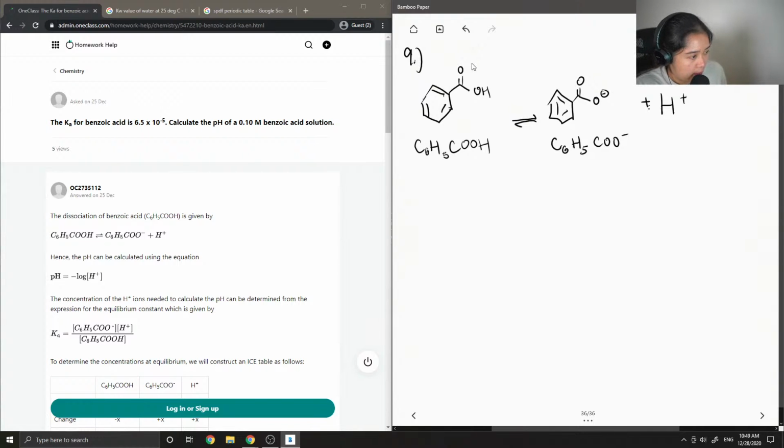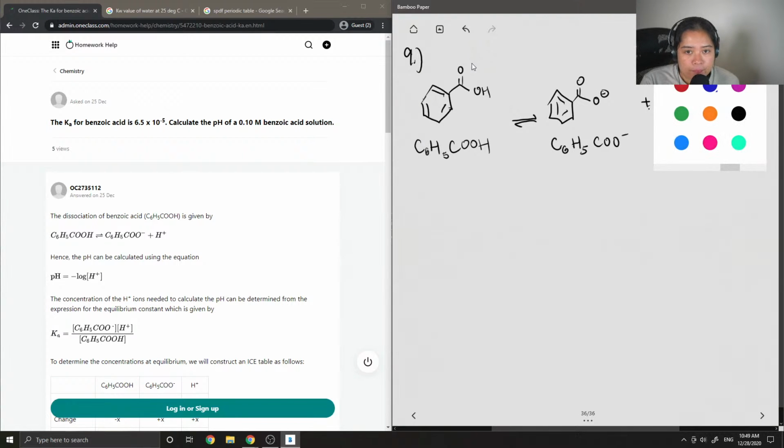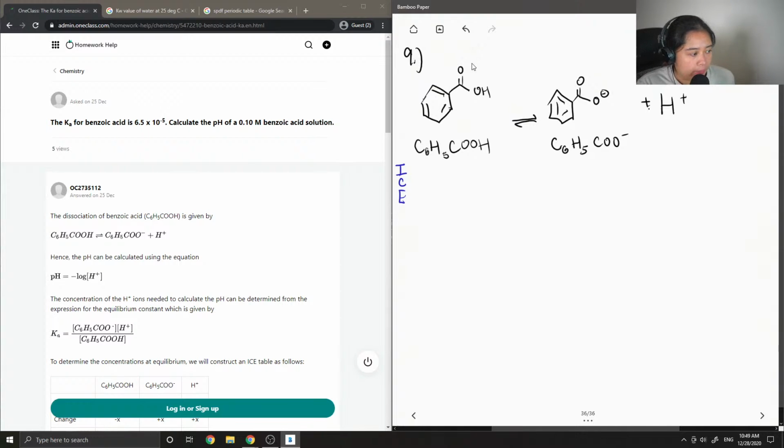Okay, so next we need to construct an ICE table. So ICE is the initial, the change, and then at equilibrium.